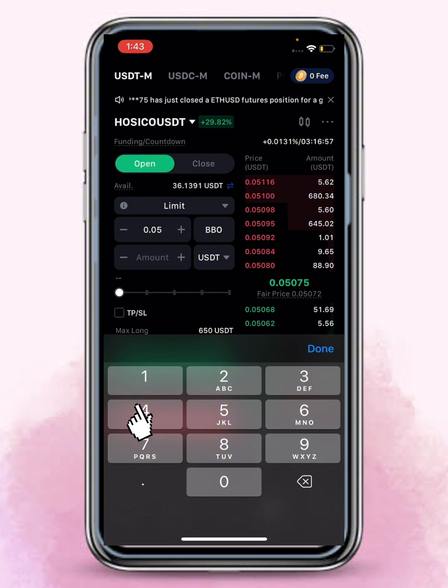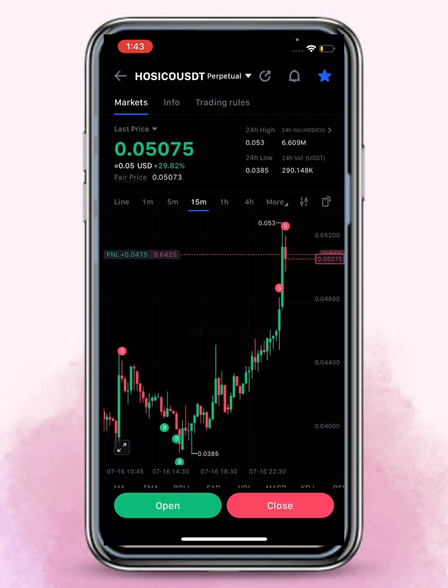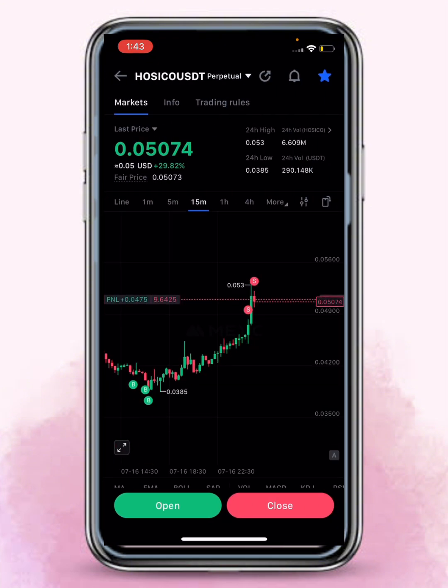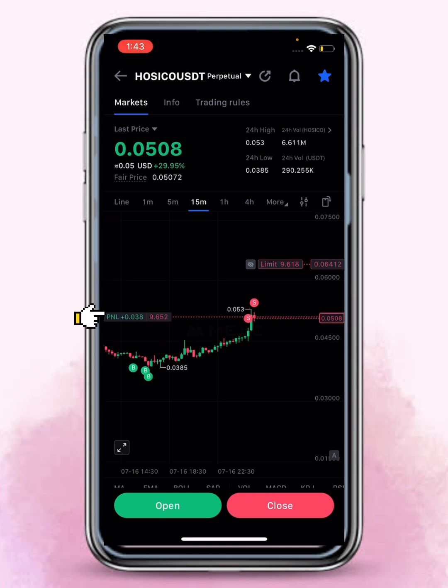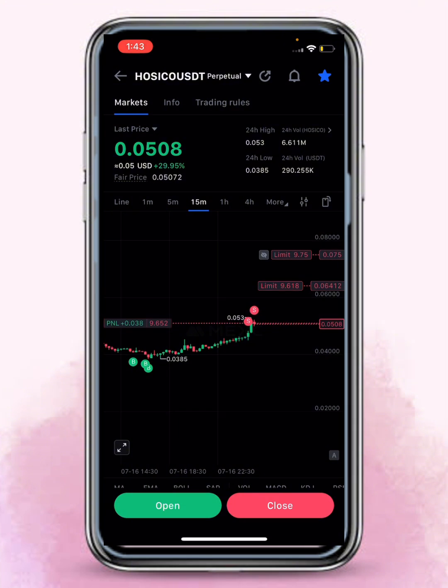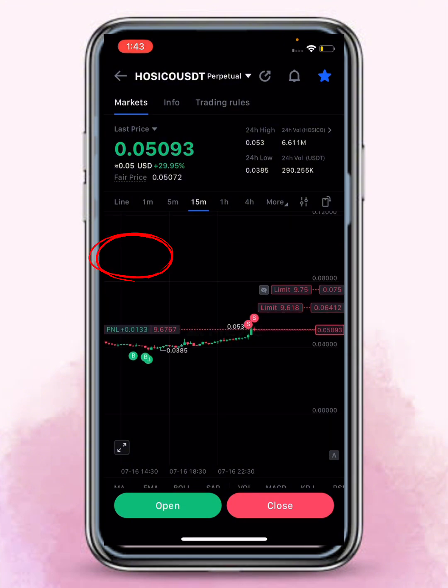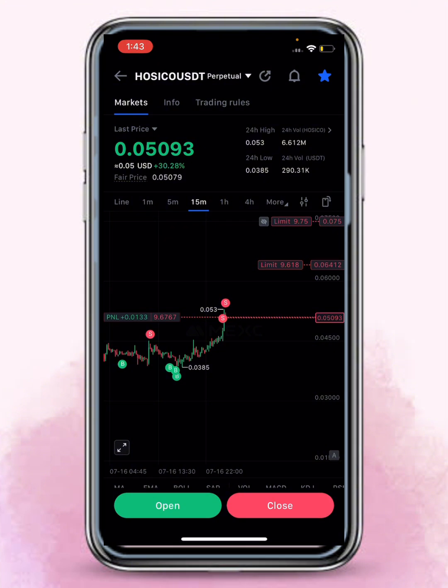It's very cool. So let's go back to the chart and I'll show you the example. If it gets to 0.064, I add $100. If the price pumps to 0.075, add another $100. If the price pumps to 0.8, now remember, you need to use risk management.